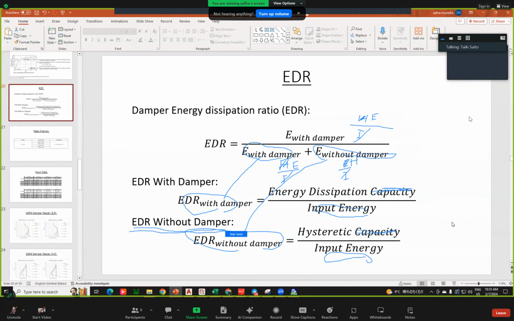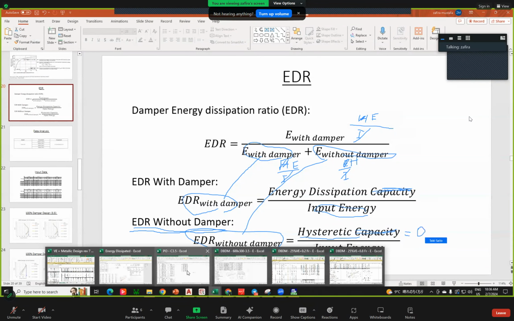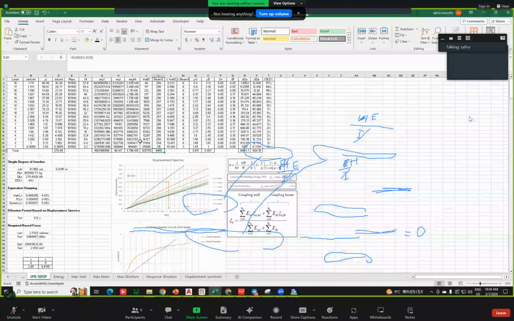Yes. So if the steel beam is not yielding, this hysteresis energy is zero. Is that correct? Almost, let me open. But this one is the yielding one. This is for the long beam.